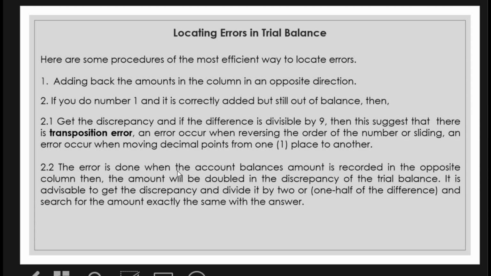So, you divide it by 2. So, you have 10,000. So, after dividing it by 2, hanapin mo doon sa iyong trial balance ang account with the exact amount na 10,000. Kasi posible, yun yung account na namali ka pagbutang sa column. So, imbis kay sa debit, nabutang nimo sa credit, or imbis kay sa credit, nabutang nimo sa debit.